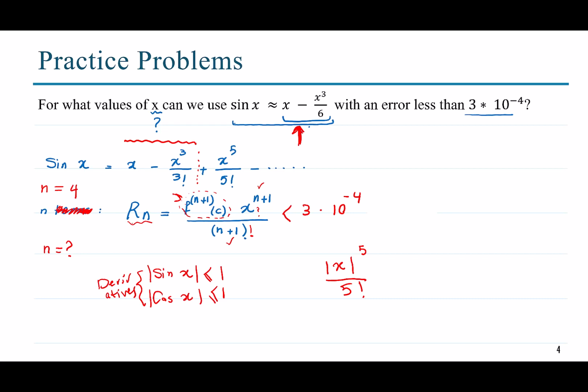And now this is going to be less than or equal to, because this is less than or equal to 1, 1 times what we had, 3 times 10 to negative 4. That's not 1.3. These are multiplied. Anyways, we get to the exact same thing we got before. We solve for x and we find a range for the absolute value of x.